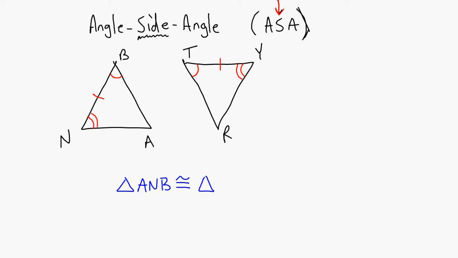R. All right, we went from A to N to B. So if we start at R, we got to go R, Y, T. Okay? Angle, side, angle. The side has to be in between the 2 congruent angles. It's got to touch them both.